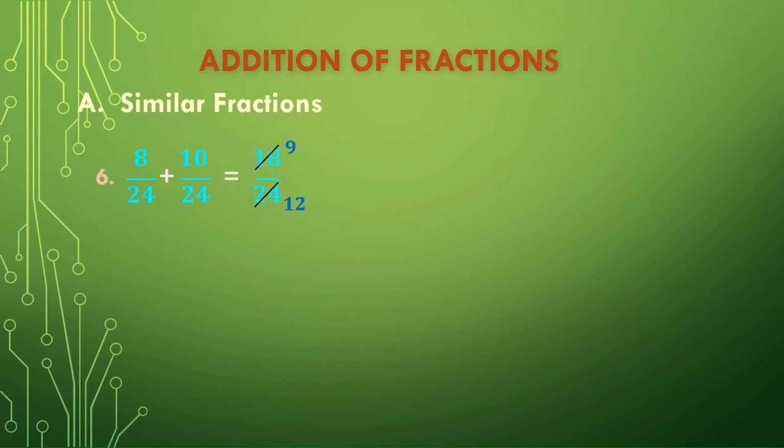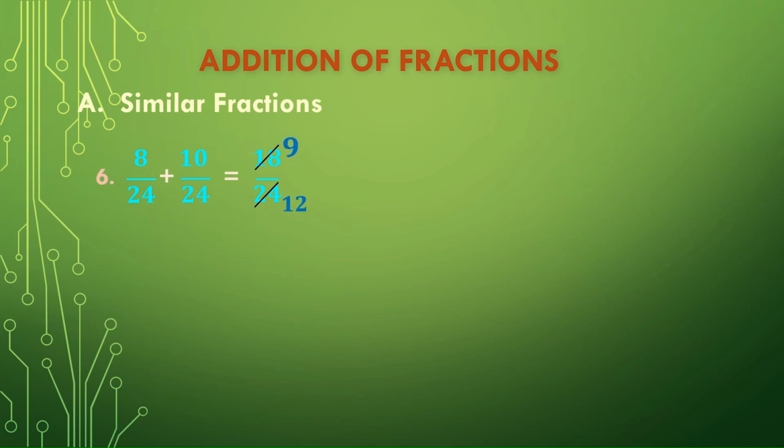Just like the numerator, the process goes this way. 24 divided by 2 is equal to 12. Let's cancel 24 and replace it with 12. So, our new numerator is 9 and our new denominator is 12.